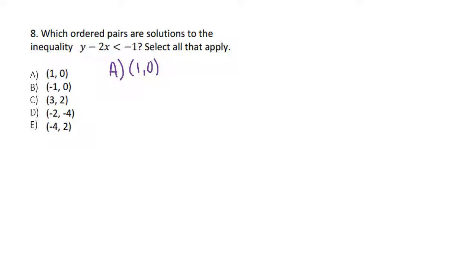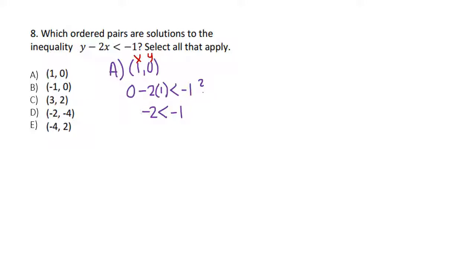Remember, the first value is your x and the second one is your y. So wherever we see x, we're going to replace it with 1. Wherever we see y, we'll replace it with 0. So we have, is 0 minus 2 times 1 less than negative 1? So 0 goes away, negative 2 times 1. So is negative 2 less than negative 1?